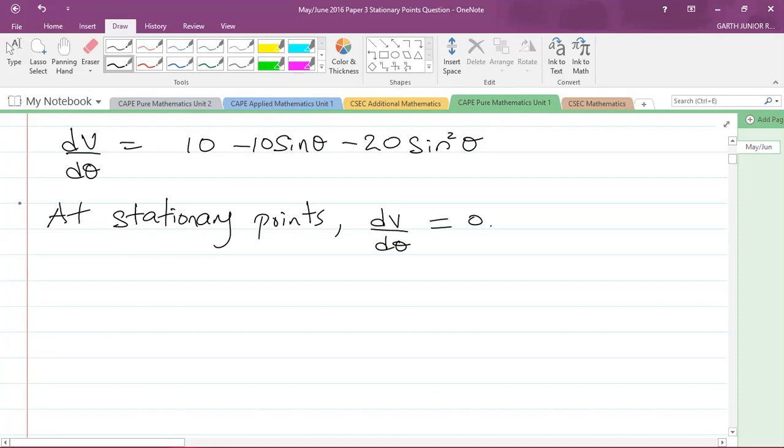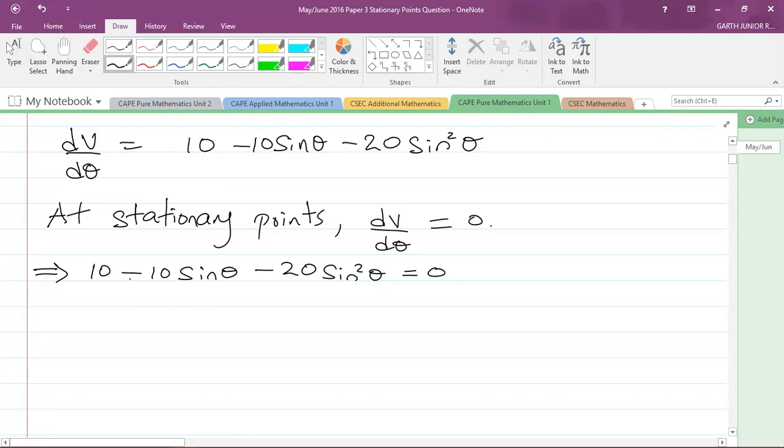So if dv by d theta is equal to 0, it implies that 10 minus 10 sine theta minus 20 sine squared theta is equal to 0. Okay, so just equating dv by d theta to 0, all right? And I'm now going to proceed to find the values of theta.